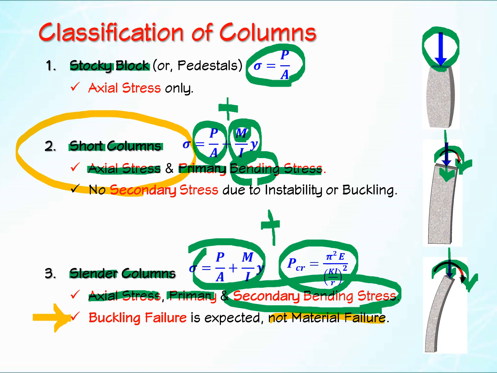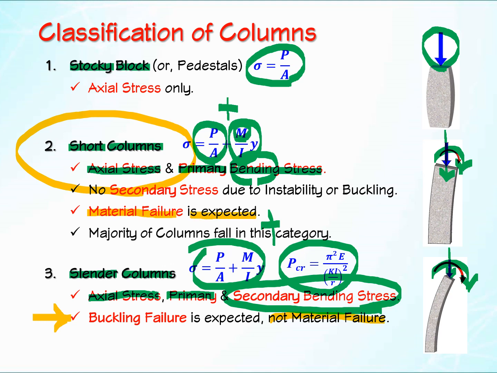And for short column, there is no secondary stress due to buckling, also material failure is expected, and majority of RC column will fall in this category. Of course, static column will go through material failure. For example, crushing.